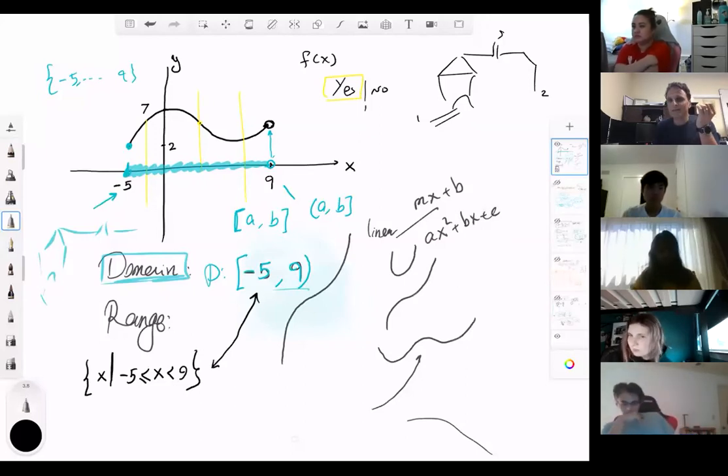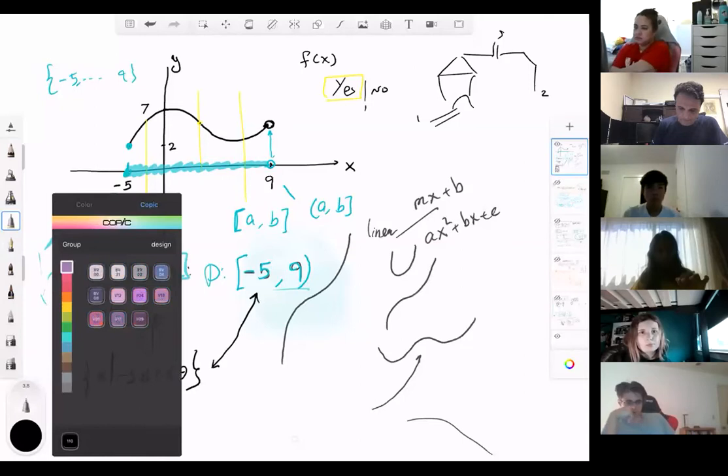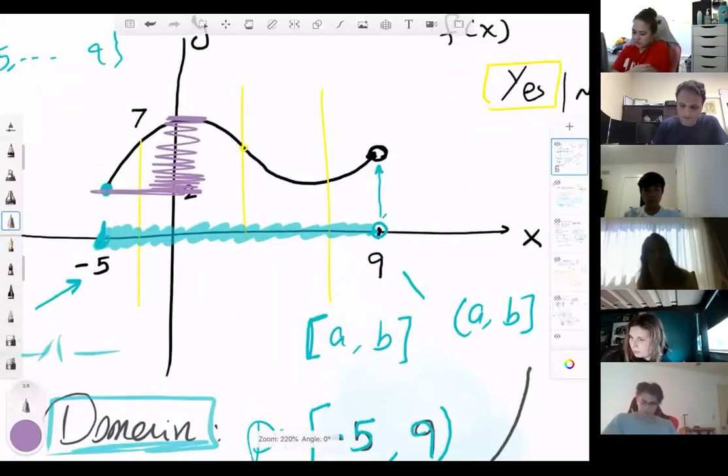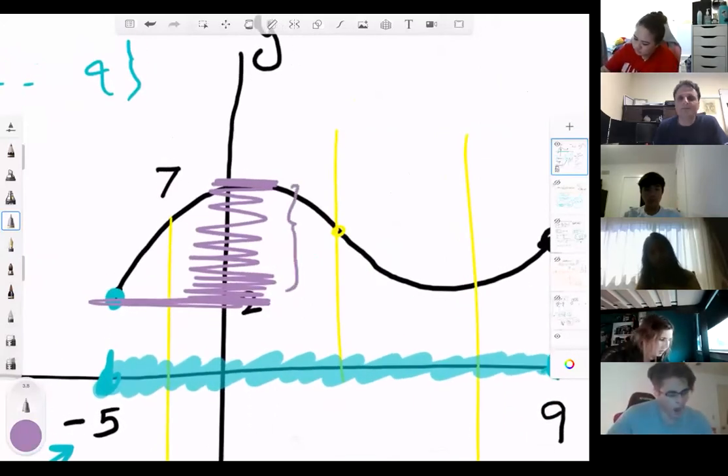What is the range? Range will be the value of y. The bottom part of the graph is here, and the maximum goes to 7. So this much is the range.